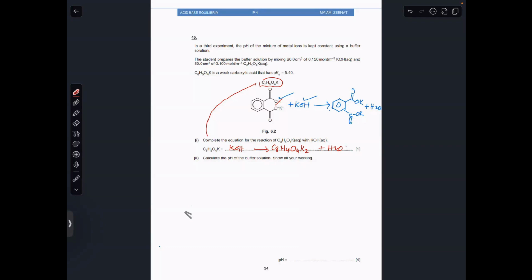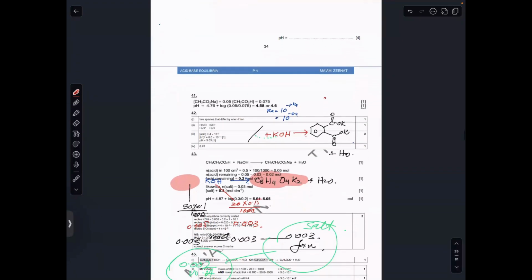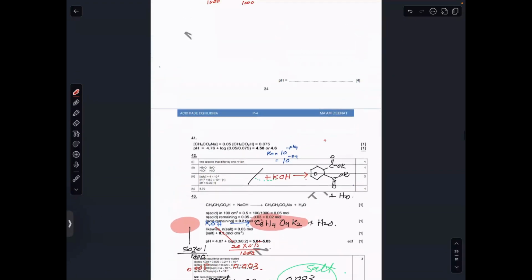Now, how does it act as a buffer? See, this is 50 into 0.1 divided by 1000, mixed with 20 into 0.15 over 1000. So how much are the moles? 0.005 and 0.003.